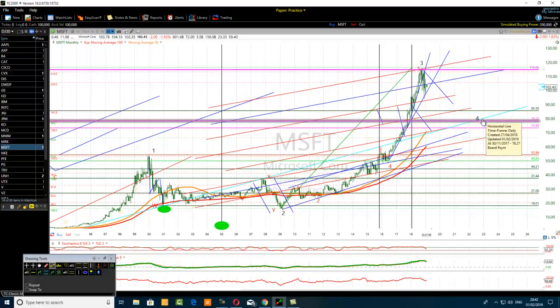But we don't want it to go below the 50% Fibonacci retracement level of the third wave. I don't like that. If I see a fourth wave like that, it makes me a bit edgy.